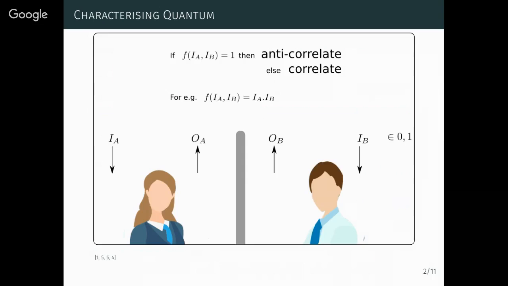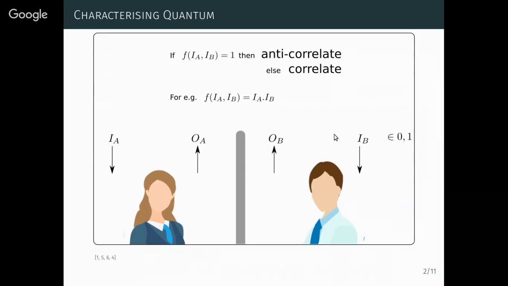This is just the CHSH inequality written in a funny way. Say, for instance, Alice and Bob are asked to output correlated answers if this function is zero. Otherwise, they're supposed to produce anti-correlated answers. And this function we can take to be IA·IB, where IA and IB are inputs of Alice and Bob, and OA, OB are outputs of Alice and Bob. And these are just binary numbers.